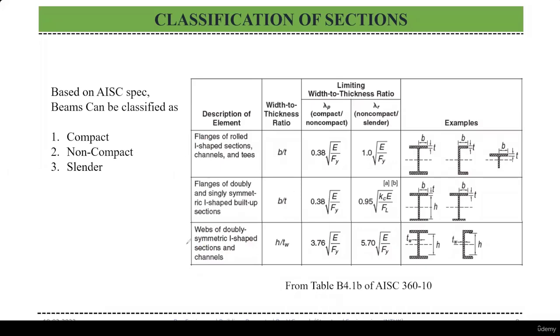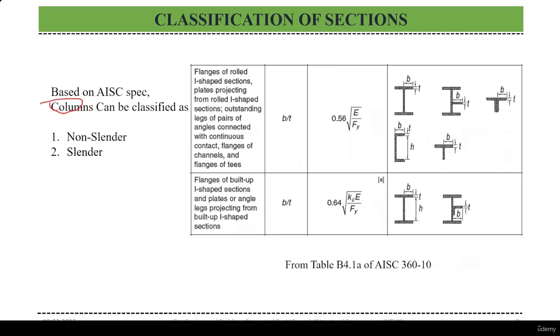Fine. So all these are for beams that we have seen here, and next we will see columns. For columns also there are slenderness ratios, but according to AISC specifications, columns are defined as only two types: non-slender column or slender column. This is the lambda value they have given.